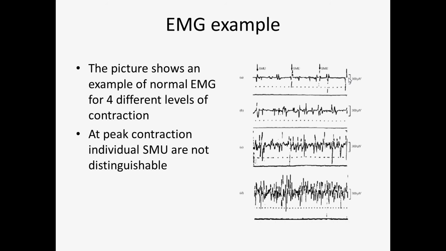The higher the contraction is, the more motor units are recruited and the faster they start to spike, until they become so fast and so many that you cannot distinguish anymore between motor units. In this case, this signal might look precisely like noise, and it's very easy to mistake it for noise.